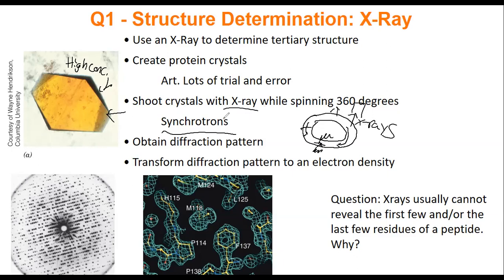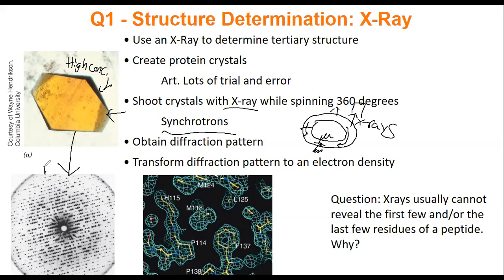Okay. Now, what do you do when you shoot an X-ray at a crystal? What will happen is that the X-ray will hit the nuclei of your atoms and bounce. And you'll record this bounce on a piece of more or less film.